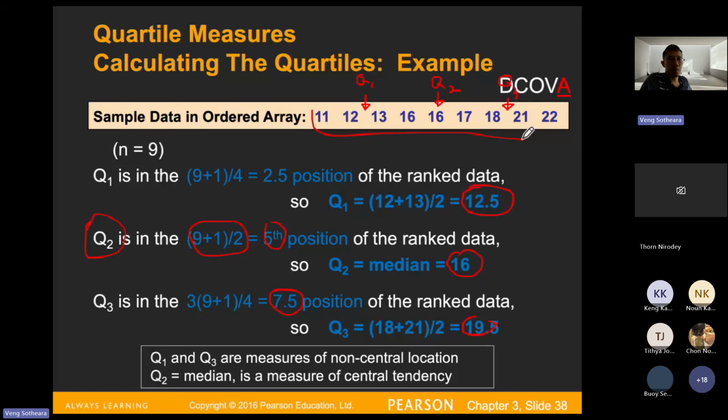How much percent? 25%? No, between Q1 to Q3. 75? 50. Yes, 50. If you say 75, it should be more than Q1, but less than Q3. So that would be the middle 50% of the data.